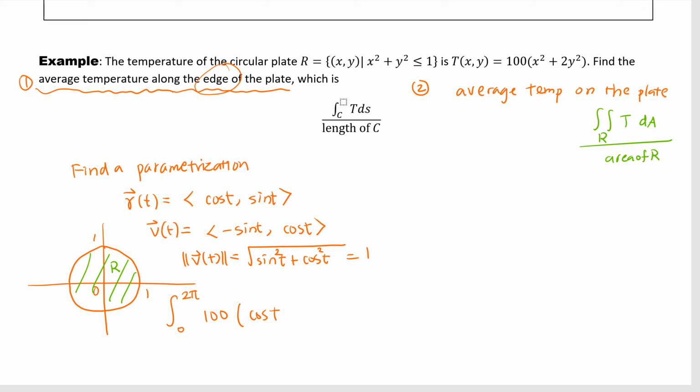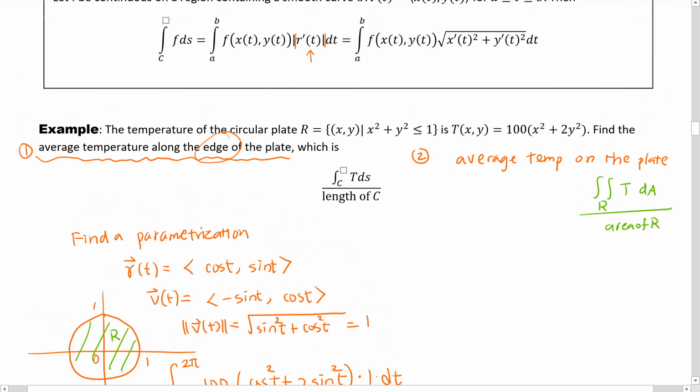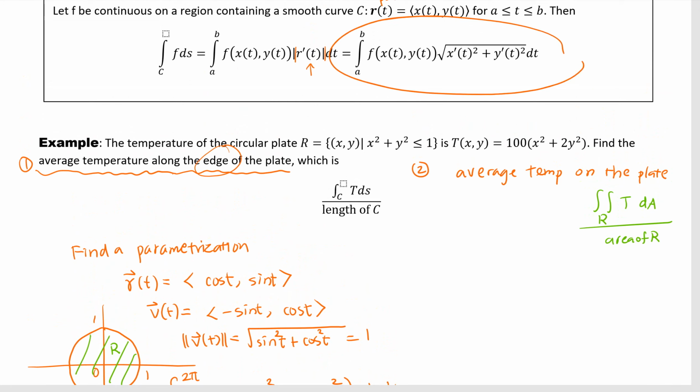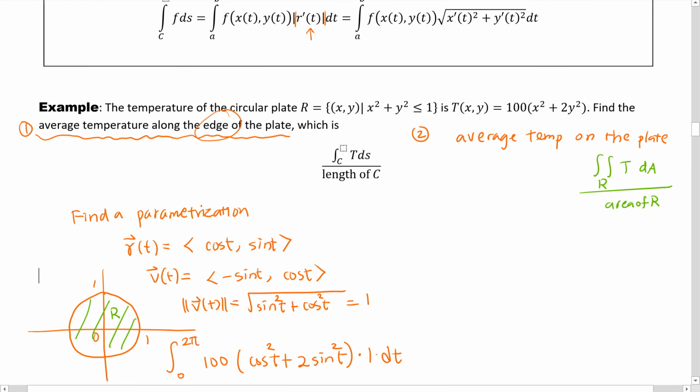So cosine t squared plus 2 sine t squared, times the speed, which is 1, and then dt. Right? This is our formula. So far, so good, everybody? Okay.